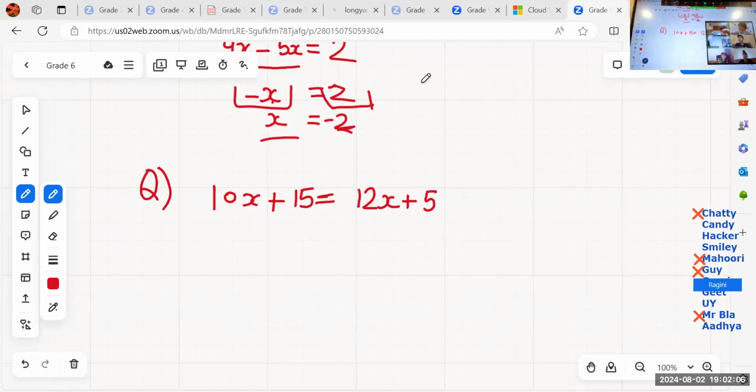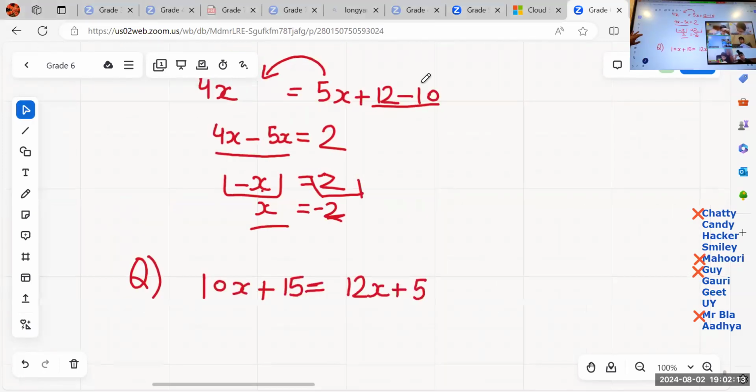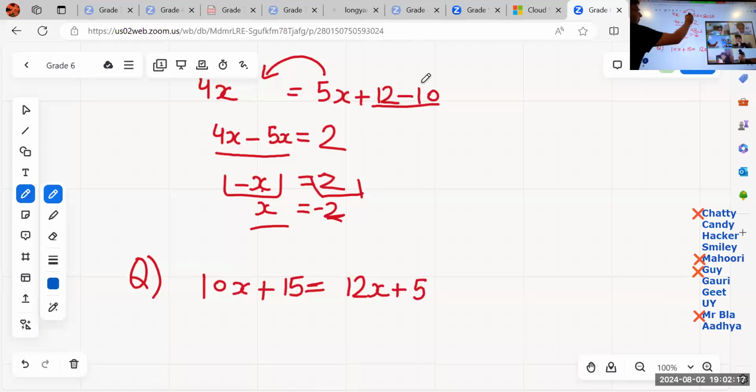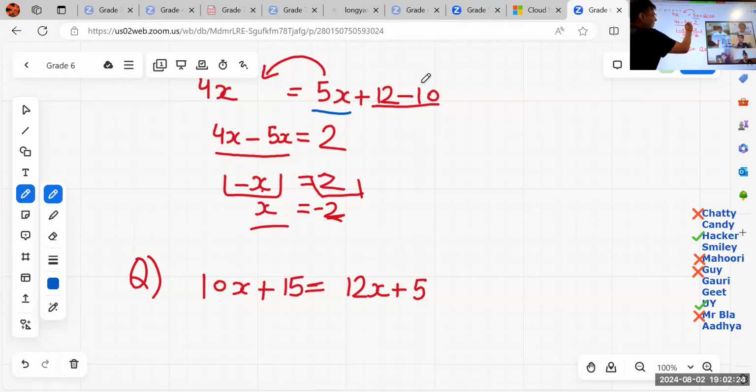Can you explain the above question once again? Sure, sir, I can explain it once again. See, in the last question, 5x was on the right side. It was positive. So I brought it to the left side, and it became negative.